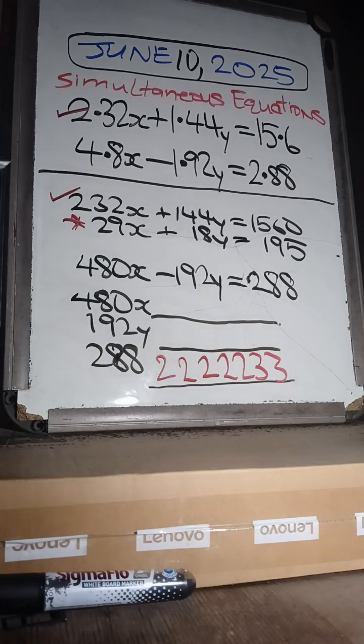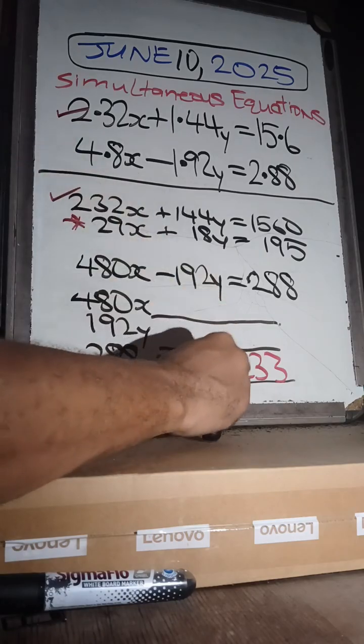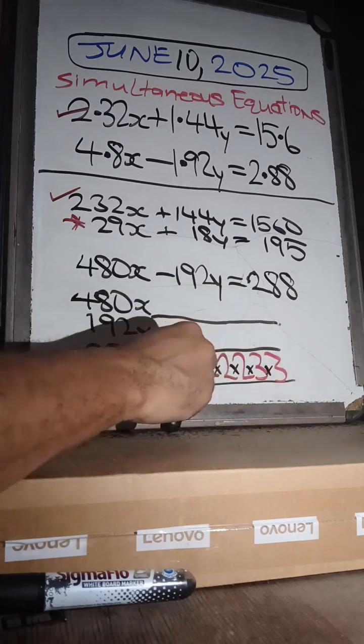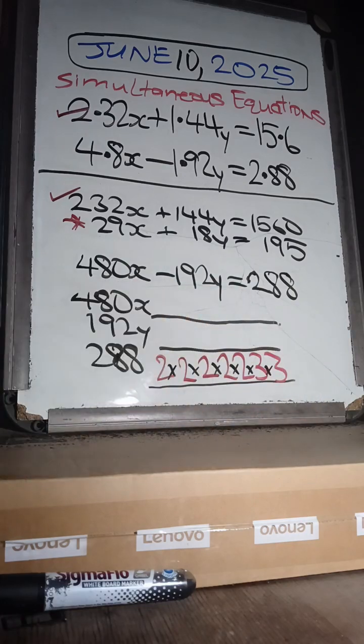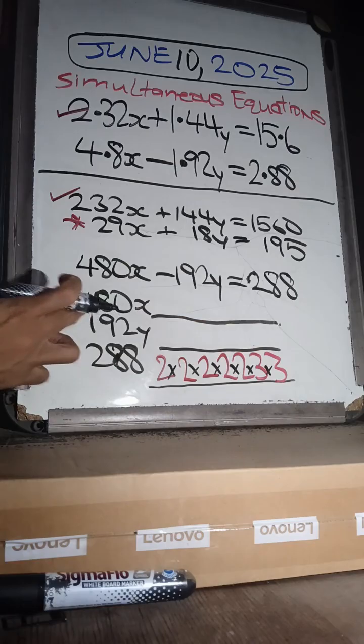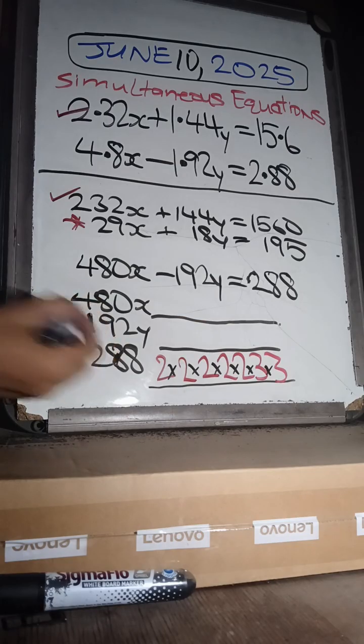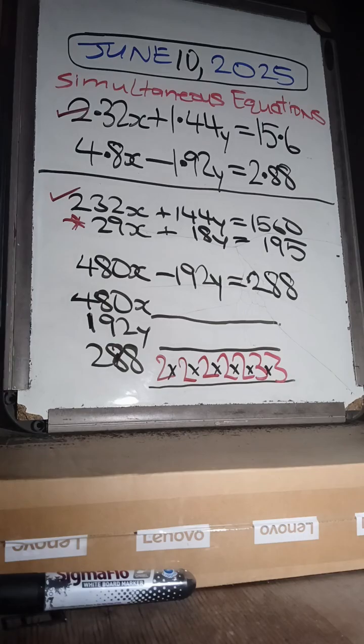Therefore, this part here is 144, and I add it to itself, meaning I multiply it by 2. Alright, 192. 192 sounds like 64 multiplied by 3. Yeah, 64 multiplied by 3.